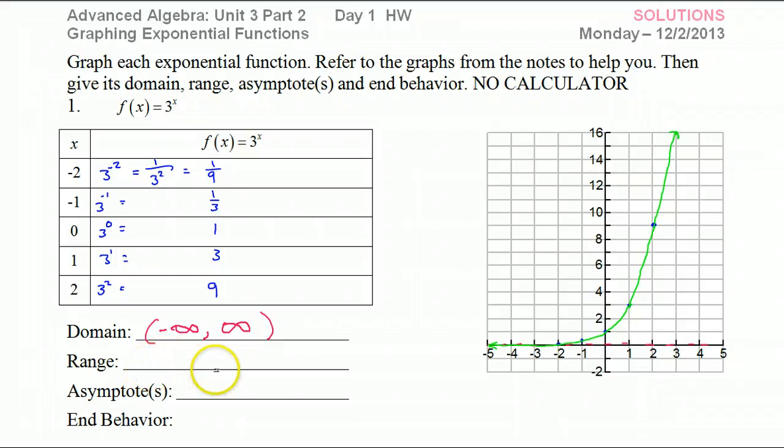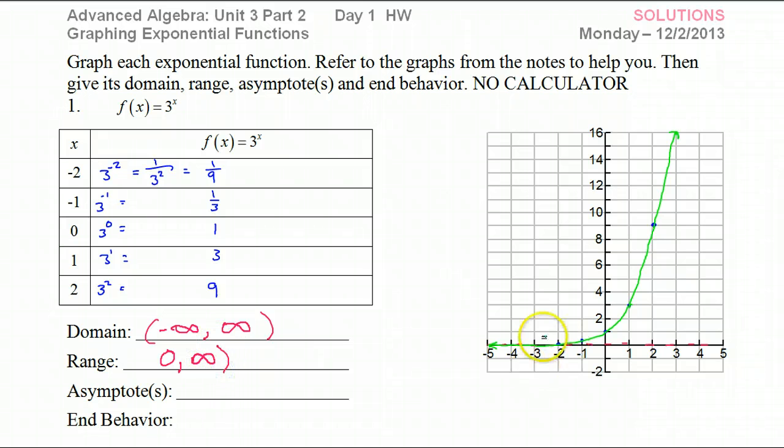Now the range has limits. Range, we always give the range from bottom to top. Now the asymptote forms the bottom of this graph. And in this case, the asymptote is at 0. So the range starts at 0. And then it goes up from there to infinity. So 0 to positive infinity.